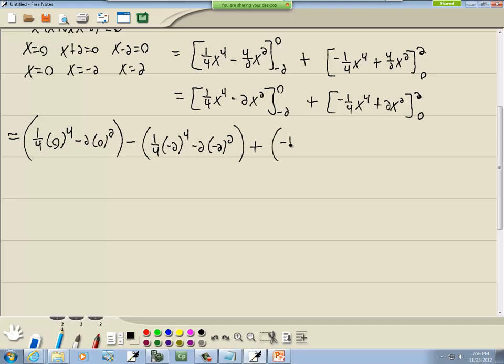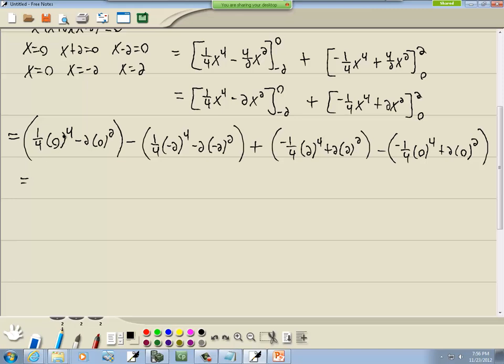So we got -1/4 2 to the fourth plus 2 times 2 squared, minus, then we'll plug in 0, -1/4 times 0 to the fourth plus 2 times 0 squared.